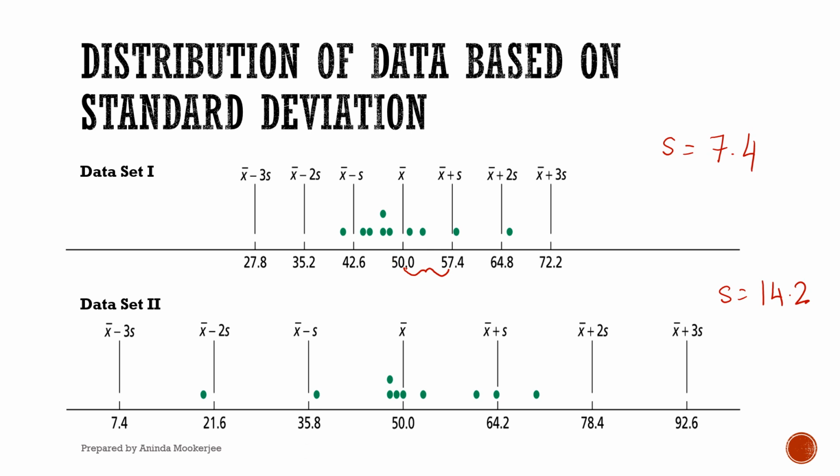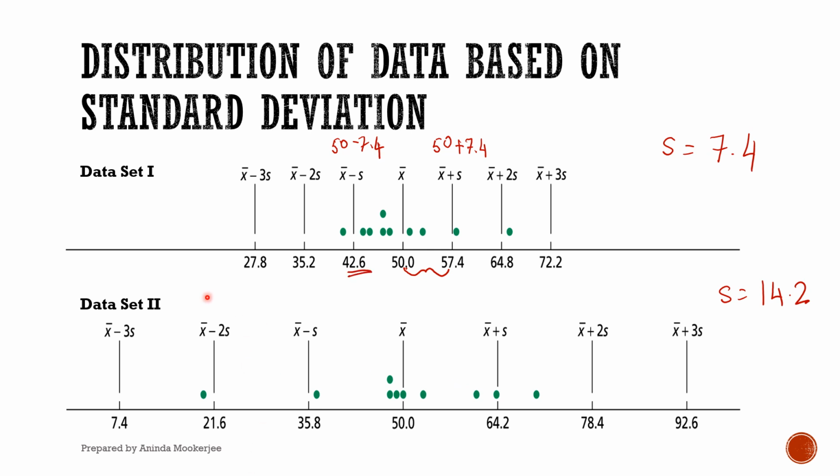So the mean is 50. They've added one standard deviation, 7.4, and come up with 57.4. On the left hand side, it's the mean minus the standard deviation, because the values to the left of the center point will be less than 50, right? So it's x bar, 50 minus 7.4, for a value of 42.6.